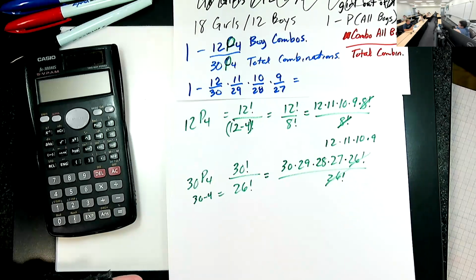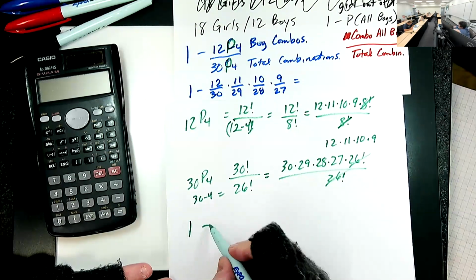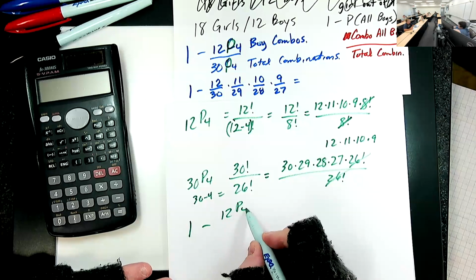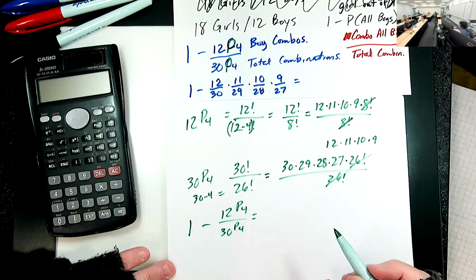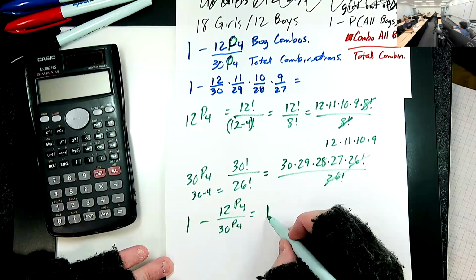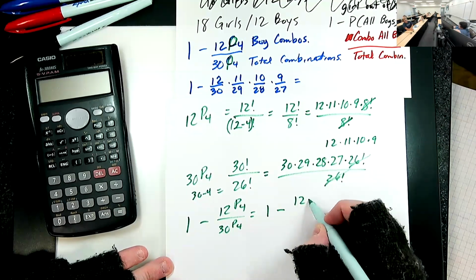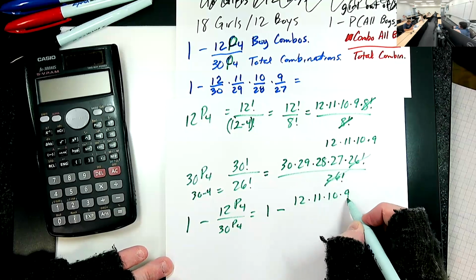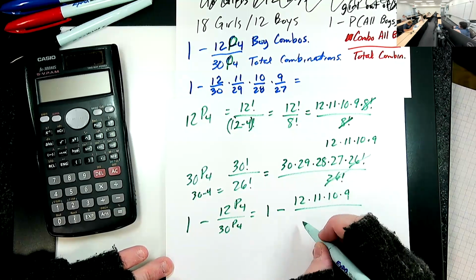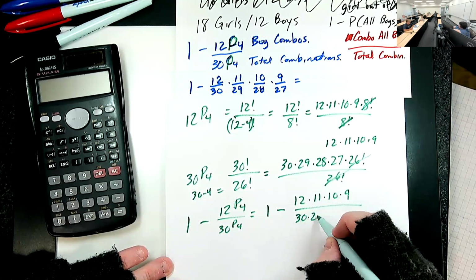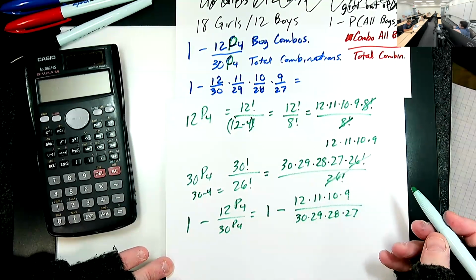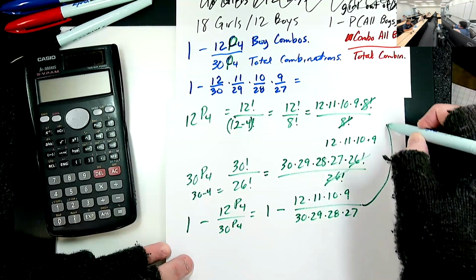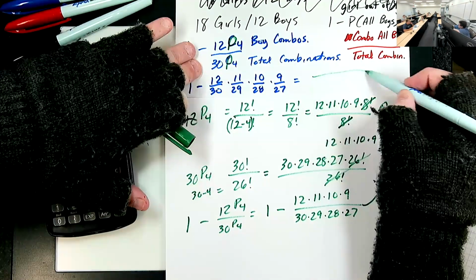And you can see that if I do 1 minus 12P4 over 30P4, now that I got my head straight, the 12P4 is 12 times 11 times 10 times 9, and the 30P4 is 30 times 29 times 28 times 27. And that's the same thing I got right there.